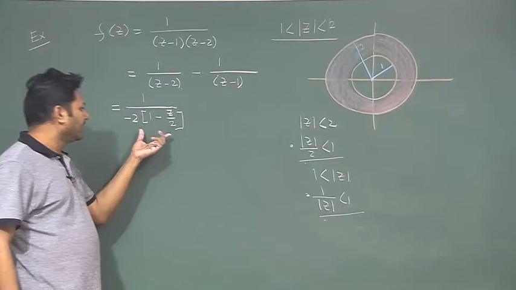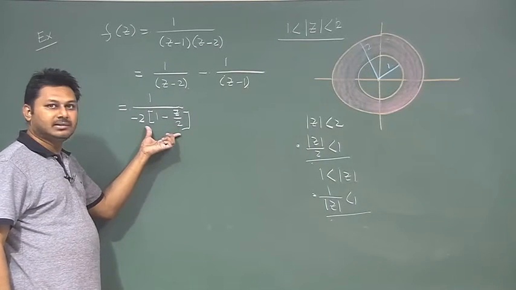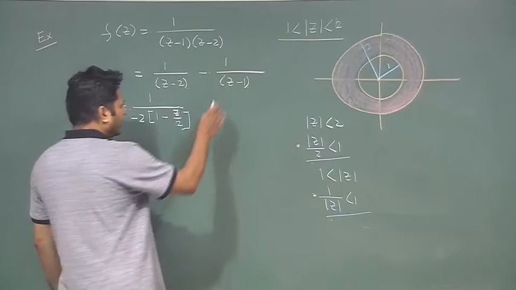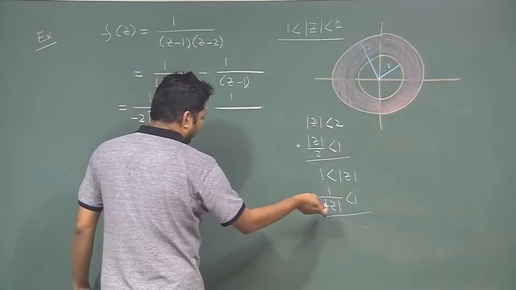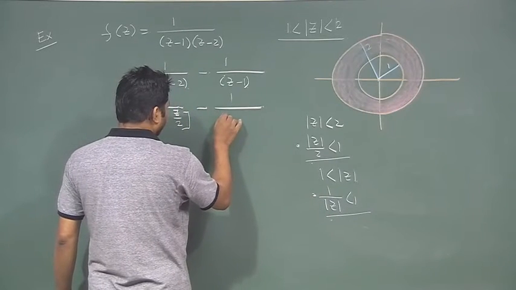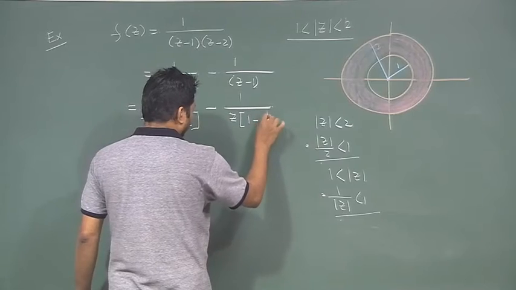That means I have the opportunity to expand this in some series. In the next case also, it is 1 by z. So, I will take z common and it will be 1 minus 1 by z.